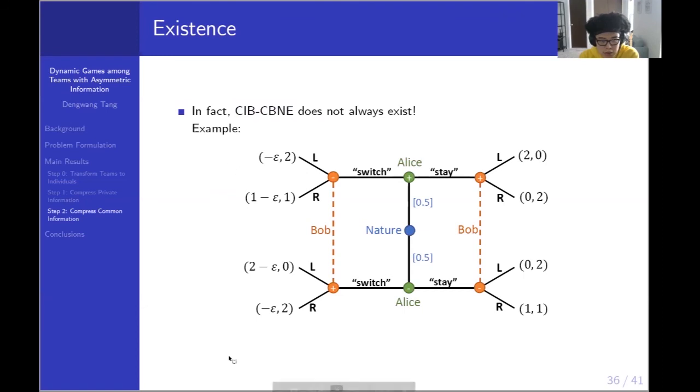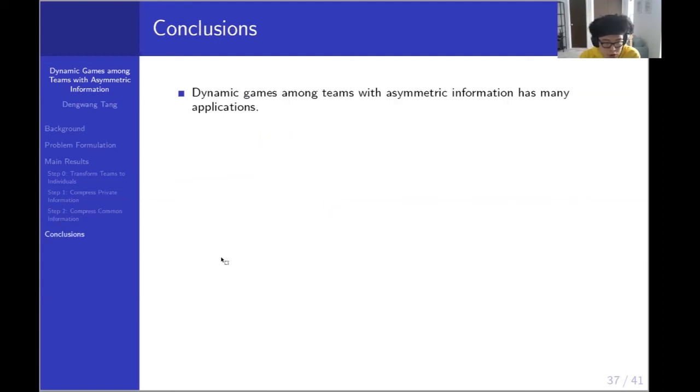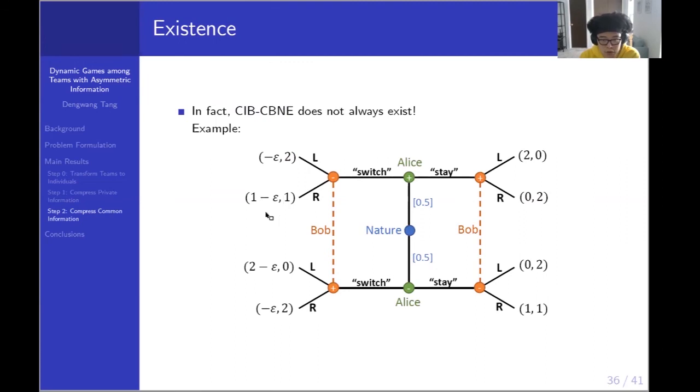And you can use a textbook like signaling game example, just filling it with different numbers to show it. And I don't have the time for the details of this, but this example is an instance of our model. And in the paper, we use a variant of this example to show the non-existence of CBN.